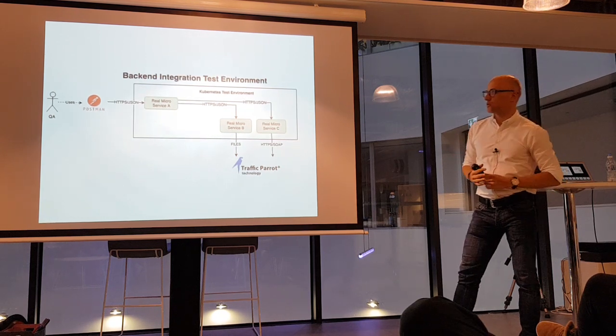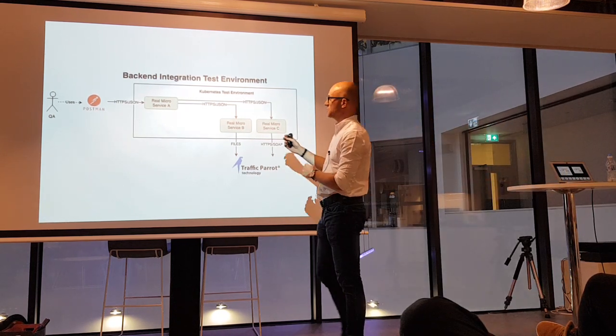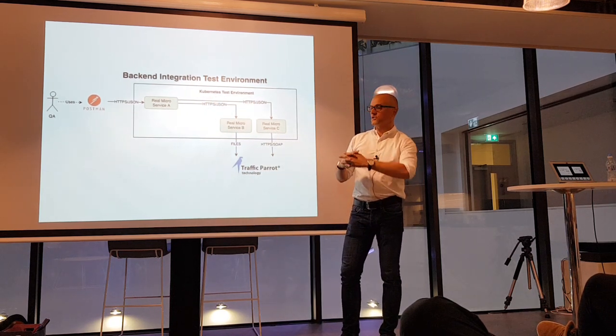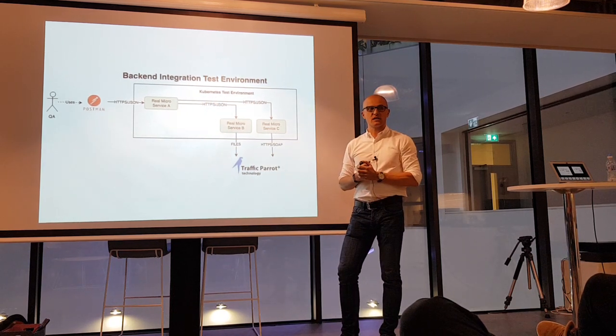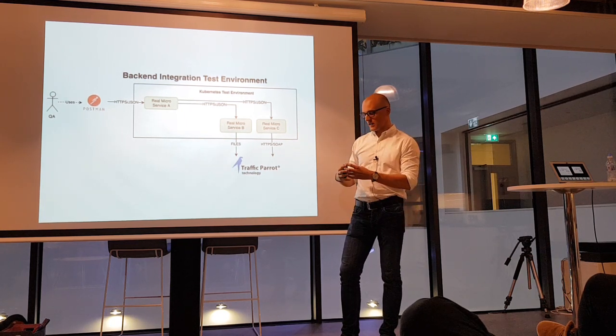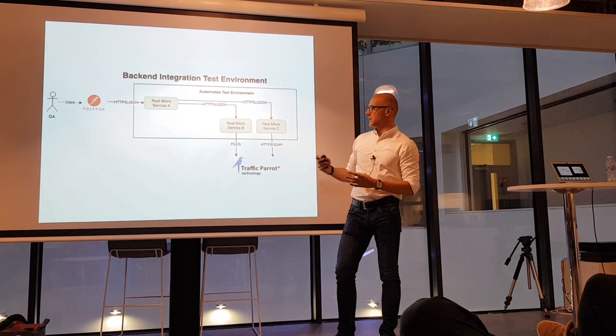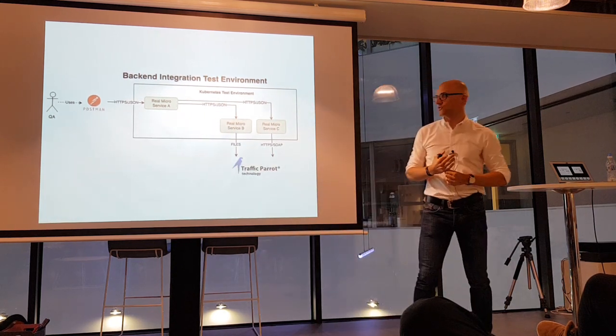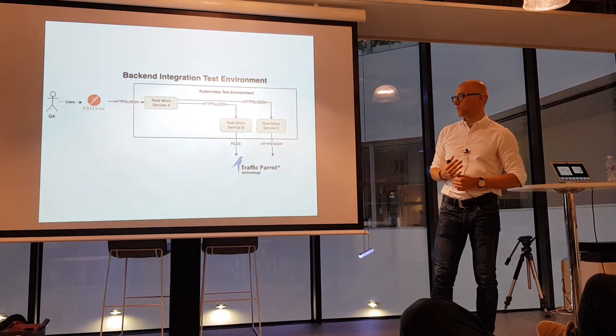What they would then do, this is the first stage where they're testing in the Kubernetes test environment. They would test groups of microservices. So let's say you're developing a new functionality, and these three microservices have been changed to allow for that functionality to work.